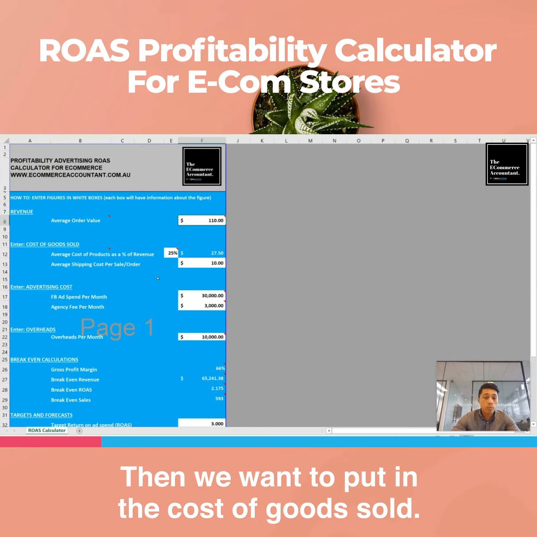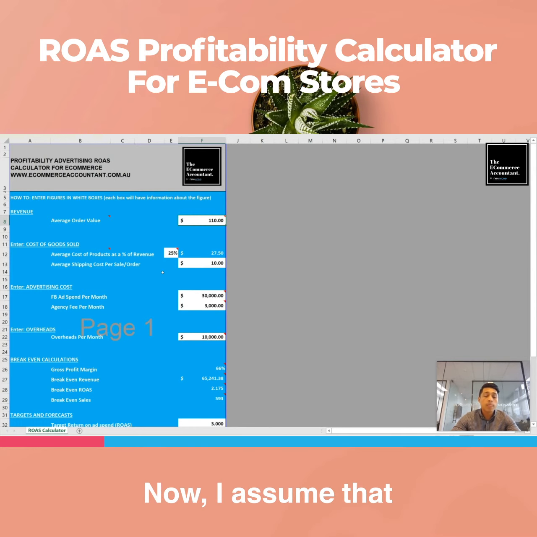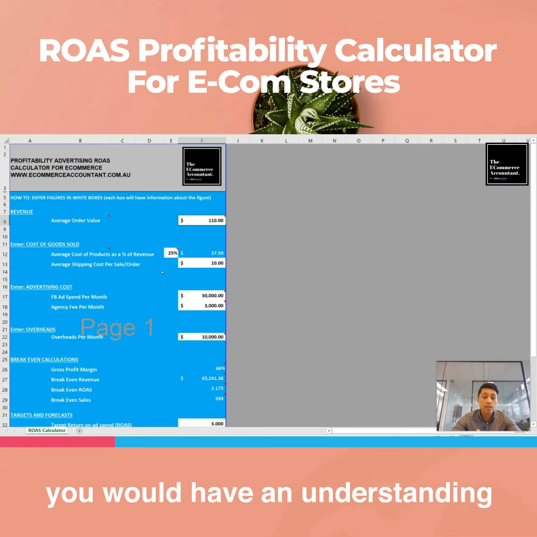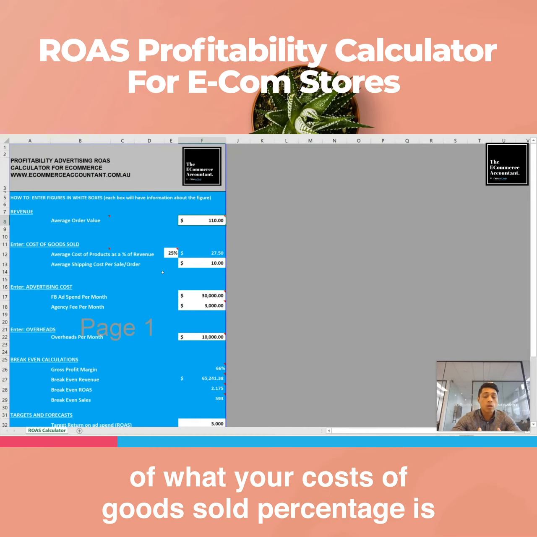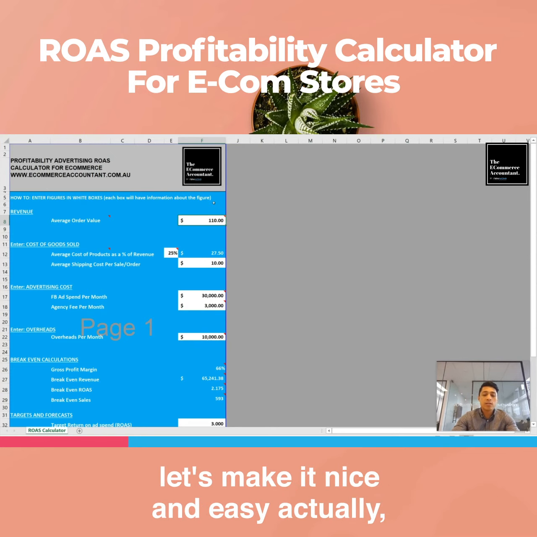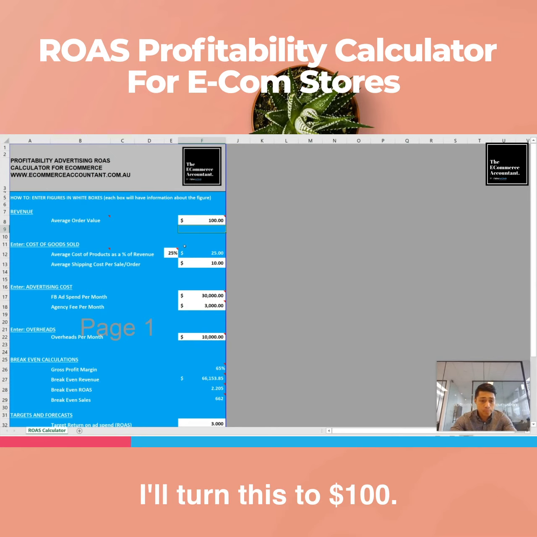Then we want to put in the cost of goods sold. Now, I assume that if you are running your own e-commerce business, you have your own products, you would have an understanding of what your cost of goods sold percentage is as a percentage of revenue. So for example, in this case, let's make it nice and easy. Actually, I'll turn this to 100.